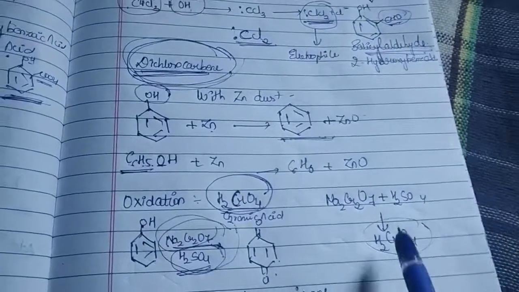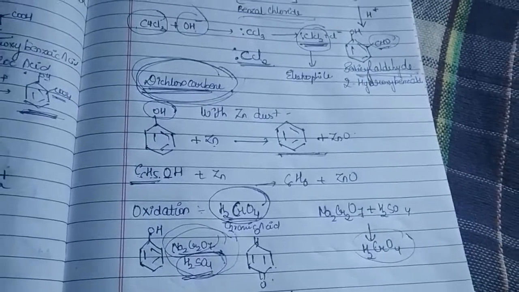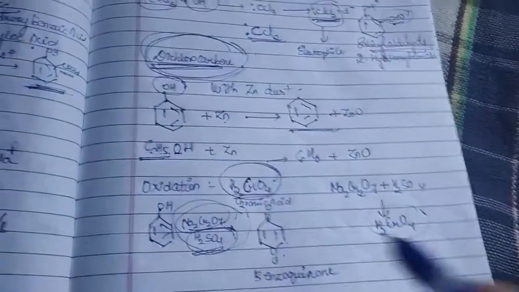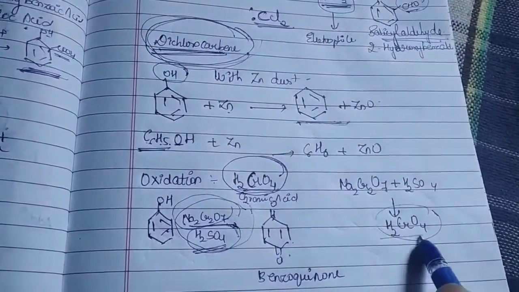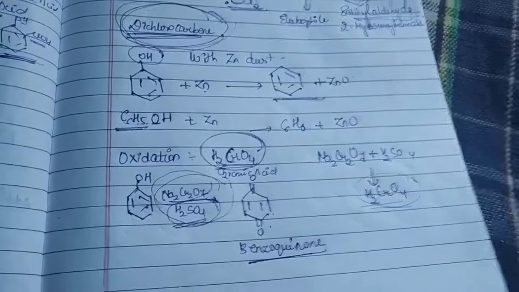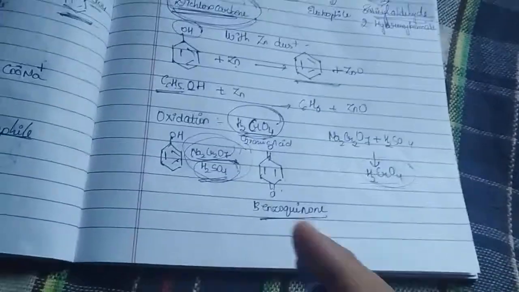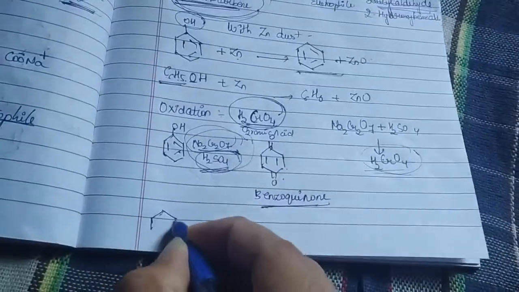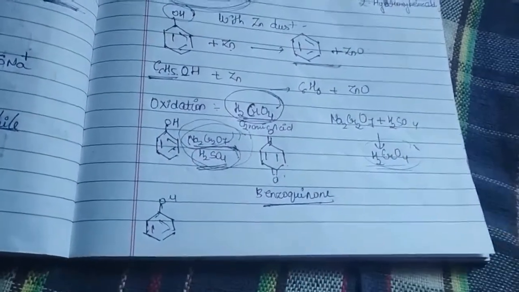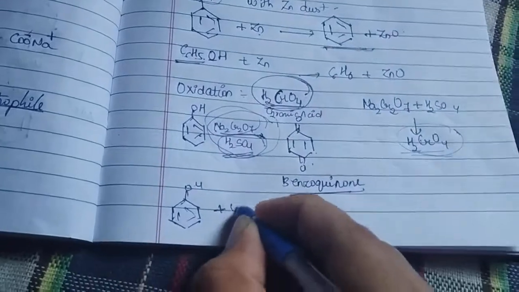Chromic acid. Chromic acid will try to facilitate your oxidation reactions. So when such a phenol is treated with chromic acid, the product obtained is called benzoquinone. Similarly, whenever we talk about phenol, we'll just talk about the general oxidation, that is, in the presence of oxygen.